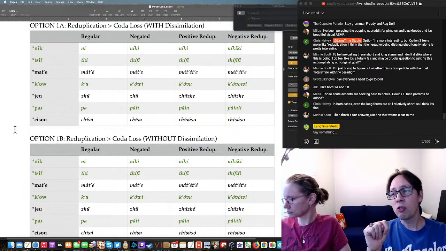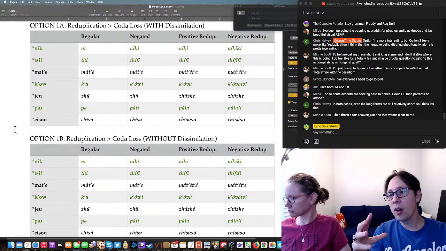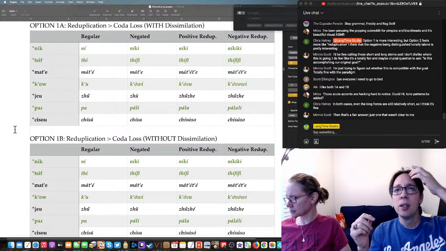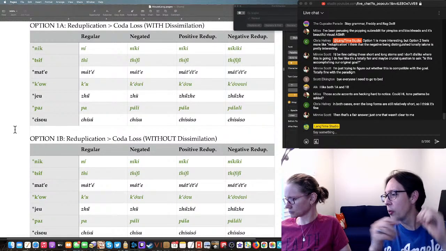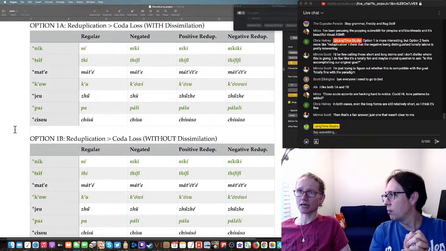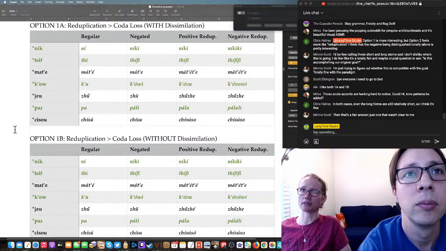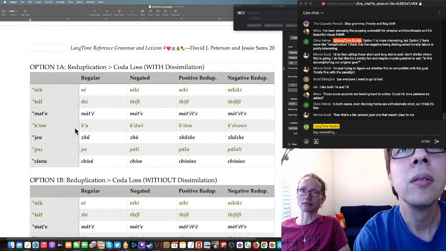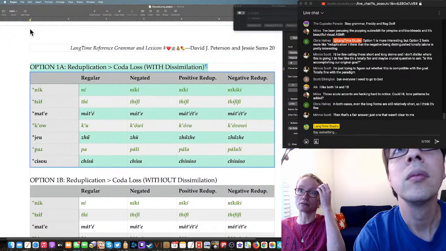But for 1A, essentially, this whole thing happens, and then later on, there's a reanalysis, and they start throwing in dissimilation. Yes. So do you want to eliminate 1A for that reason? Yeah, because it seems weird to me that they would then go backwards, essentially, and say, let's now add something new to this reduplicated thing.